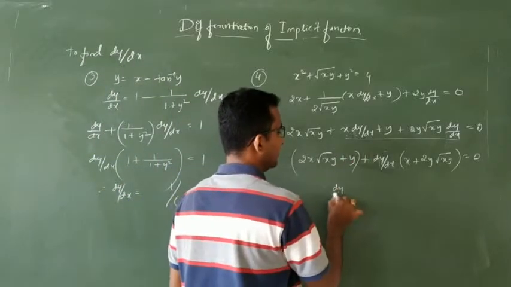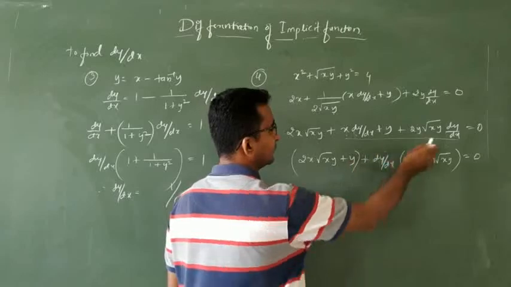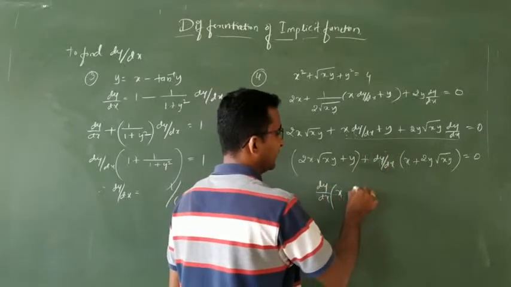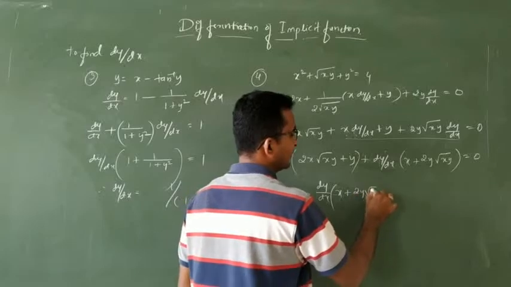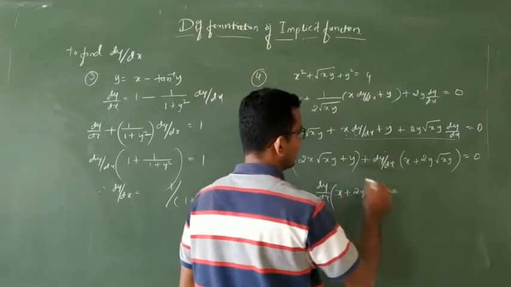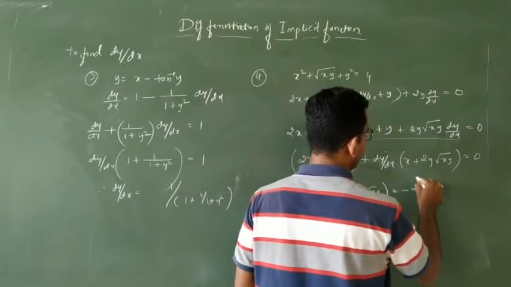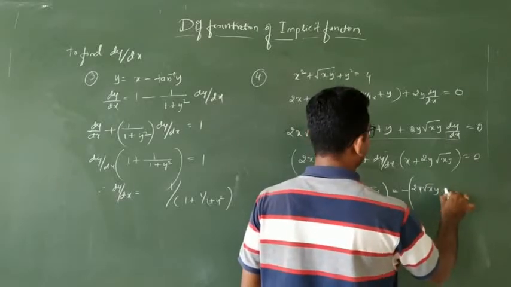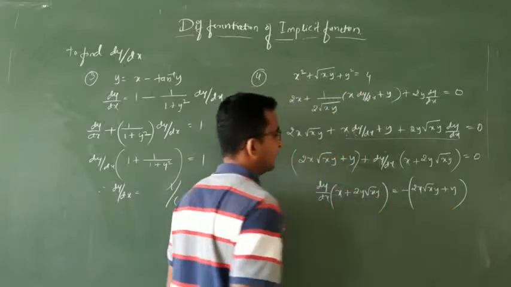Therefore, dy by dx is equal to: first I will take this to the RHS. Therefore, dy by dx, I will keep the dy by dx multiple on one side and the others to the RHS, which is minus 2x root of xy plus y inside the bracket.